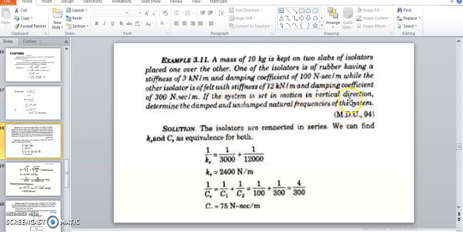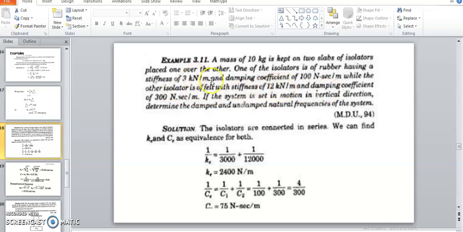Here a series combination is given, and the two stiffnesses are in series. One stiffness is for the rubber and another is for the spring, having stiffness 12 kilonewton.